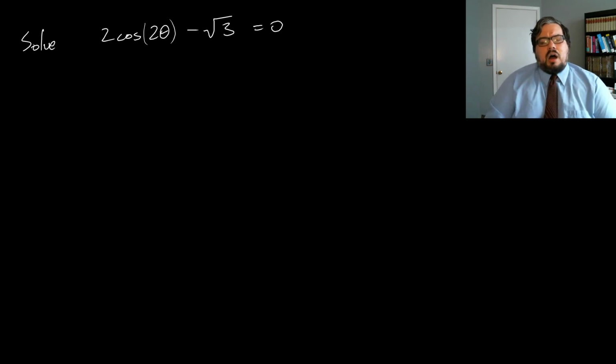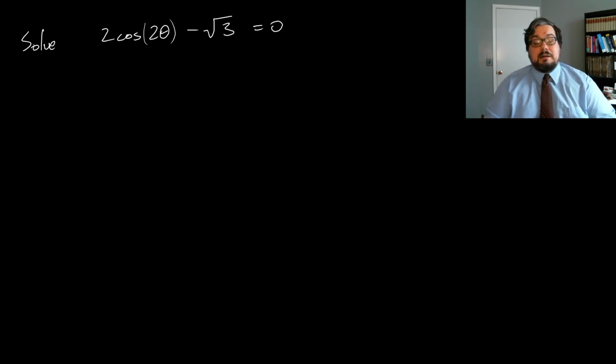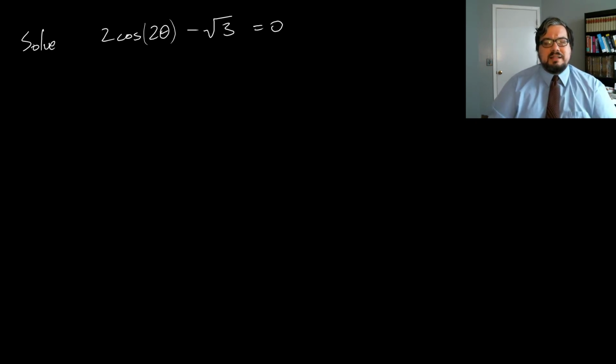So our first strategy is still the same. We're still trying to get the trig function by itself, but there's this 2 theta inside that's different than just the variable that we had before. So let's see how that works.